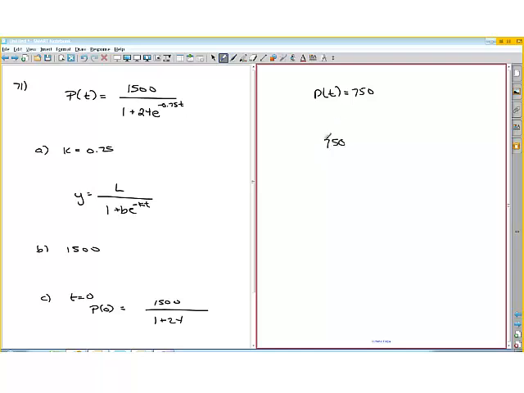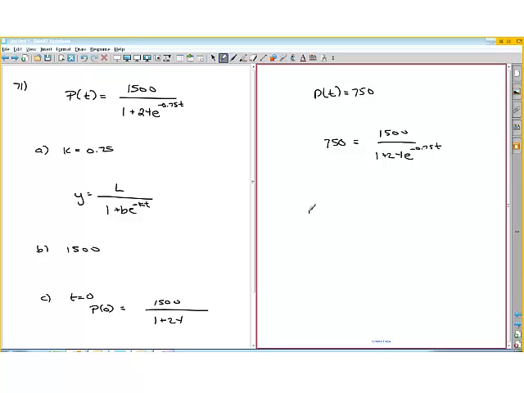So we're going to have 750 is equal to 1500 divided by 1 plus 24e to the minus 0.75t. So what I'm going to do is multiply by this and divide by that, or I can just say I'm going to switch the numerator with the denominator.